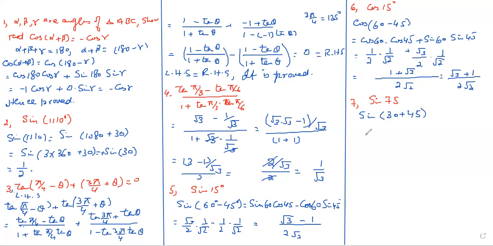Okay, so using the sine formula, it is sine 30 cosine 45 plus cosine 30 sine 45.